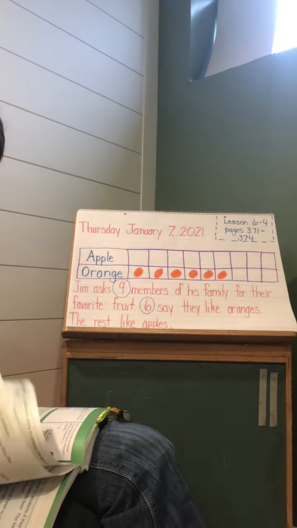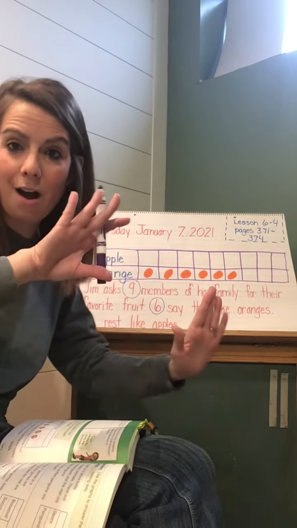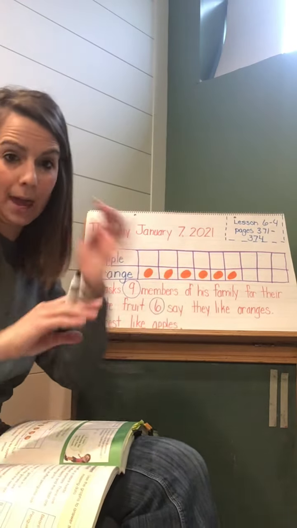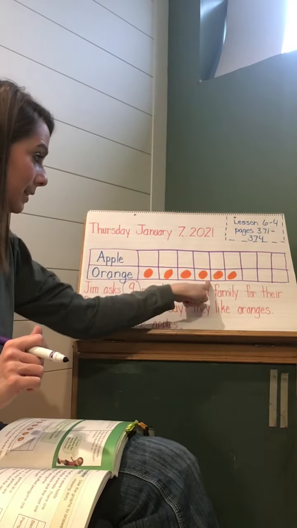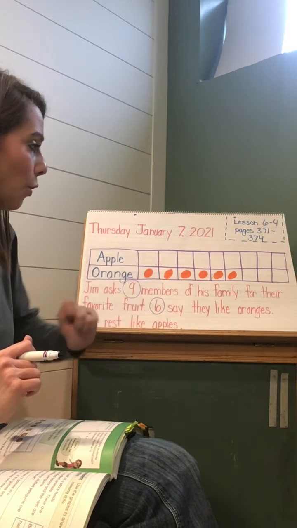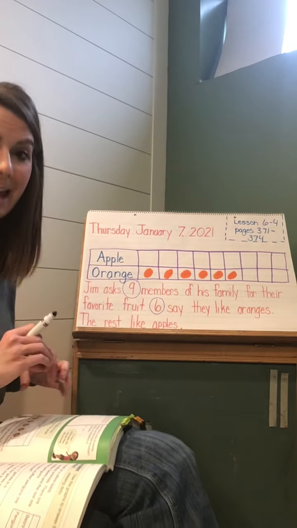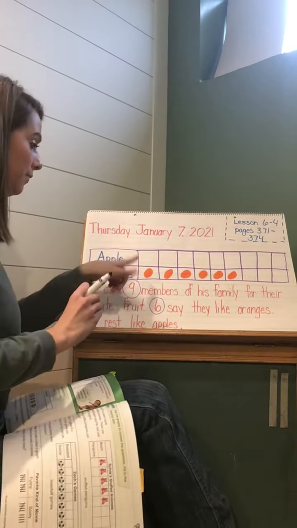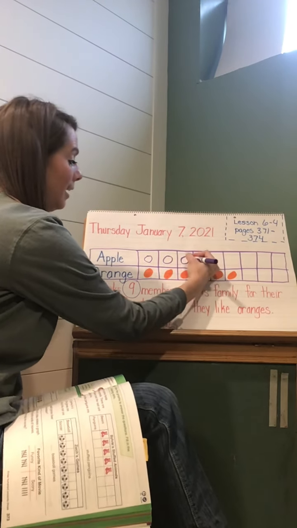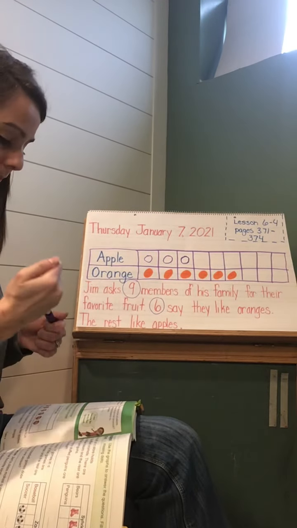9 is my whole. Now, I already have 6, so I need to get to 9. This is just like when we did it on the part whole mat, okay? I've got 6. I need to add so many apples to get to 9. So if this is 6, this would be 7, 8, 9.